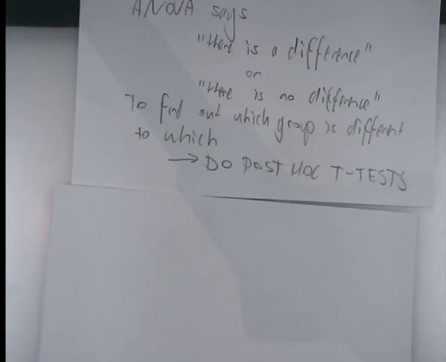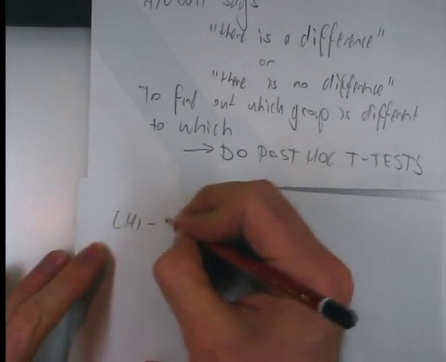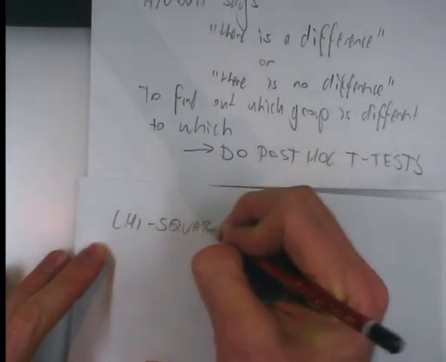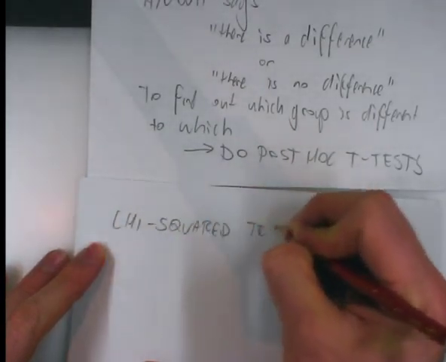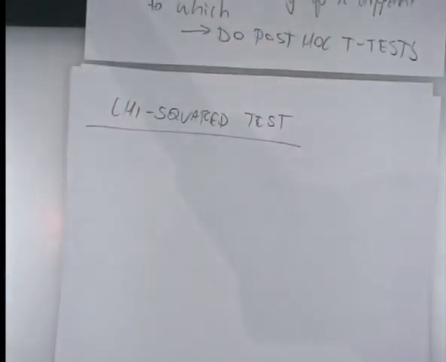The chi-square test. Sometimes called the chi-square test for independence, sometimes called the chi-square test for homogeneity, sometimes called Pearson's chi-square test, all the same thing.